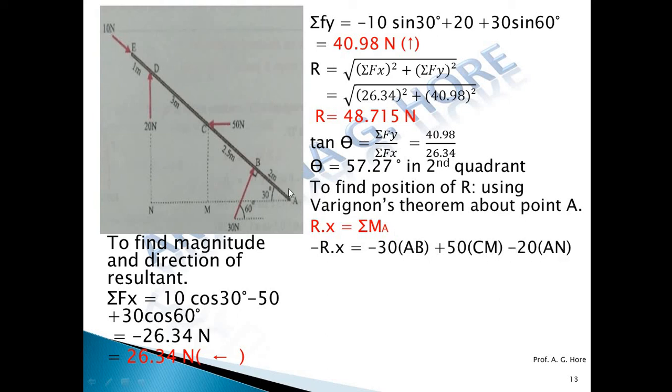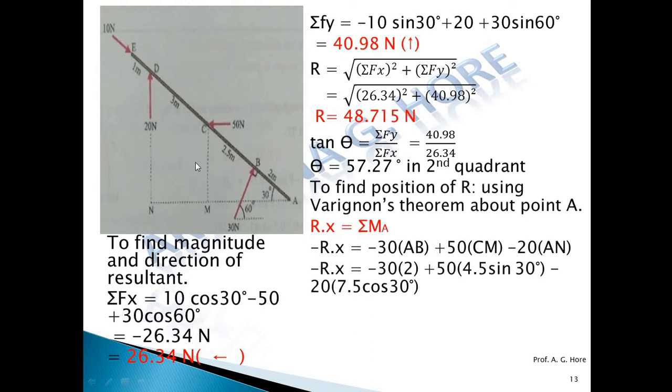Now put the values of AB, Cm and An. AB is nothing but 2 meter. Then for Cm, the vertical distance, consider this triangle AMC, a complete triangle. It is a right angle triangle and this angle is 30 degree, and the hypotenuse is 2.5 plus 2, that means 4.5 meter. We want to find Cm, the angle's opposite side.